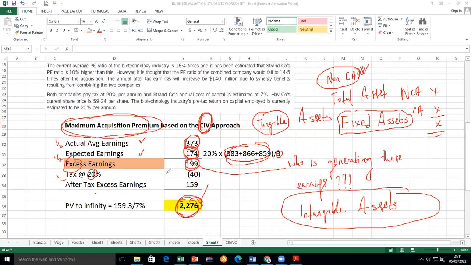There are people who showed they know how to do this computation. Just by taking this figure and dividing, even if that figure is wrong, by showing that you know how to get the present value of a perpetuity, a mark will be given. Knowing that you're supposed to remove tax, you apply 20%, another mark will be given. That's how SCA marks. If you look at SCA marking, actually, it's very, very friendly.